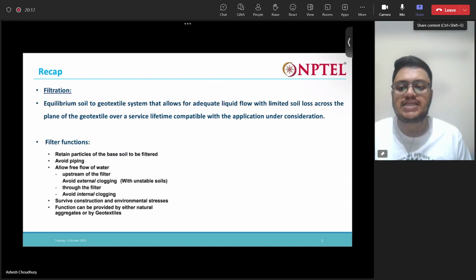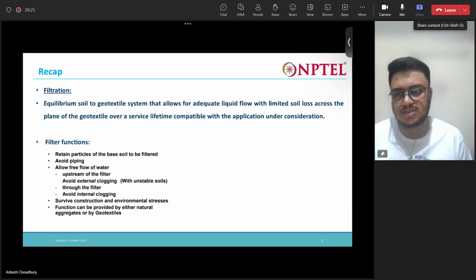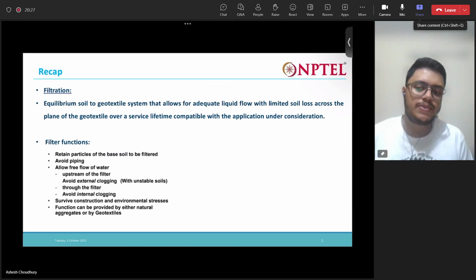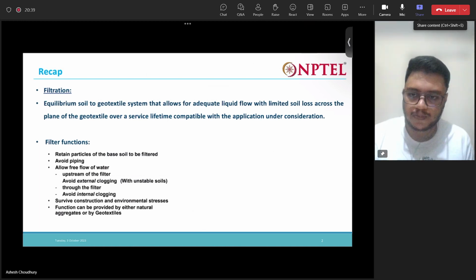Then survive the construction environmental stresses. These are the main filter functions. That is, retain particles of the base soil that is to be filtered, avoid piping loss, that is, it should not allow the fine particles to pipe out, to lose out, and it should allow free flow of water.